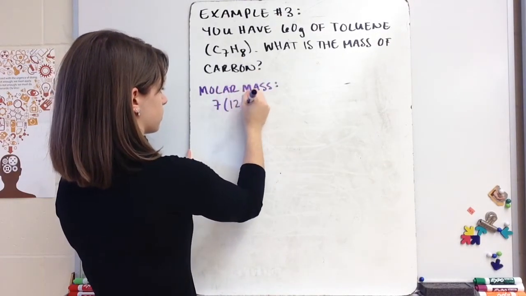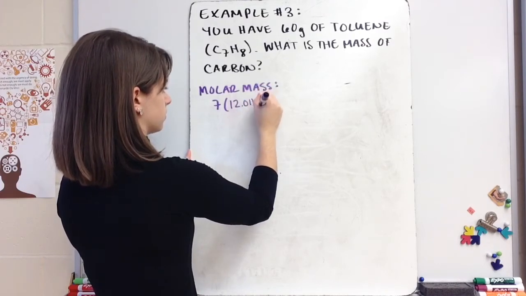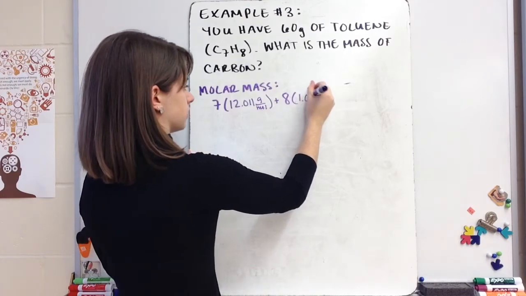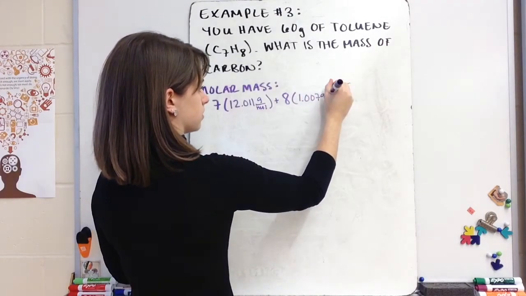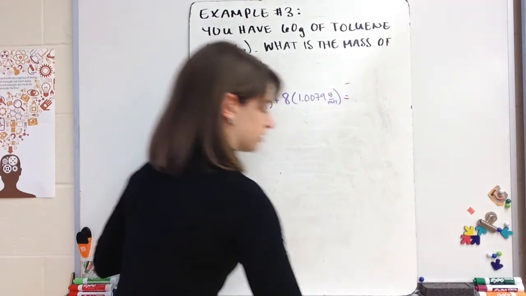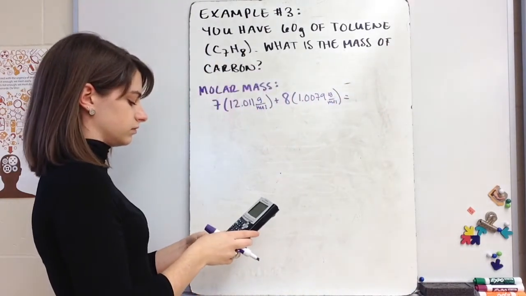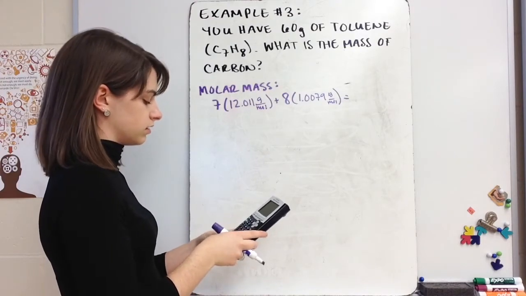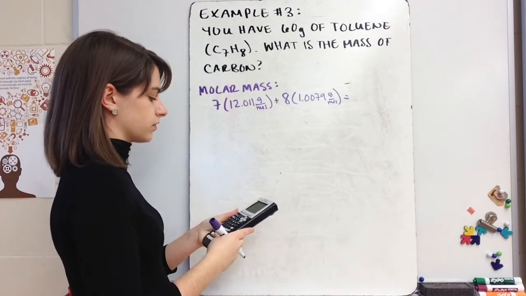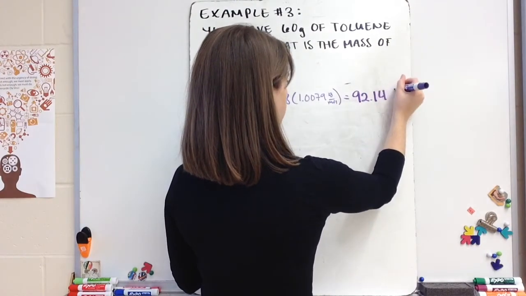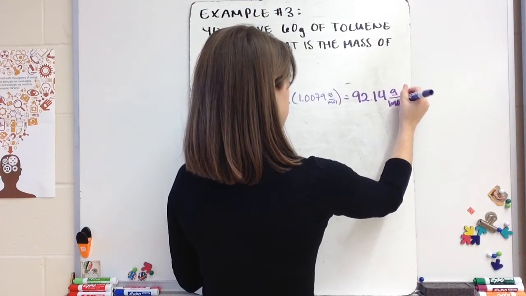Carbon has a mass of 12.011. And we have 8 hydrogens. Calculate this really quick. It gives me a molar mass of 92.14 grams per mole.